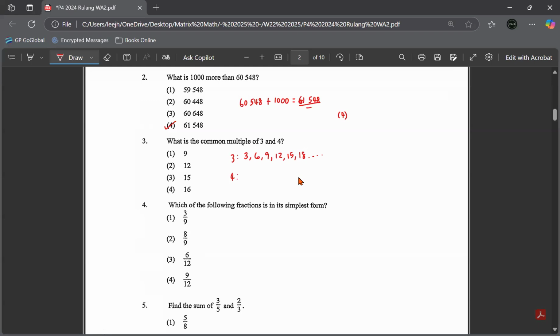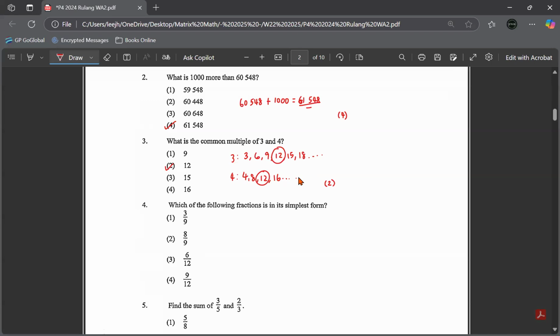So just up to here will be good. Now, multiples of 4: 4, 8, 12, 16, and so on. So I want the common multiple of 3 and 4. You can see that the number is quite small, not so big. If you look at these two rows of multiples, you can see that your answer is actually 12, which is option number 2.